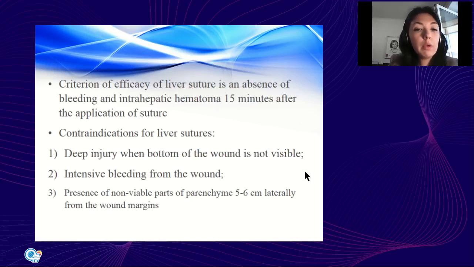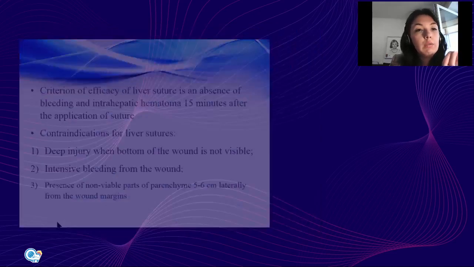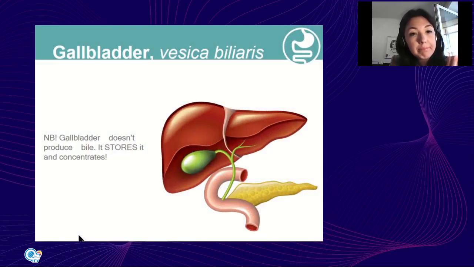Presence of non-viable parts of parenchyma 5 to 6 centimeters laterally from the wound margins is another indication for resection. All the non-viable tissues should be removed. So resection should be performed, and then after that, liver suture should be applied. Okay, that's about surgeries on the liver.